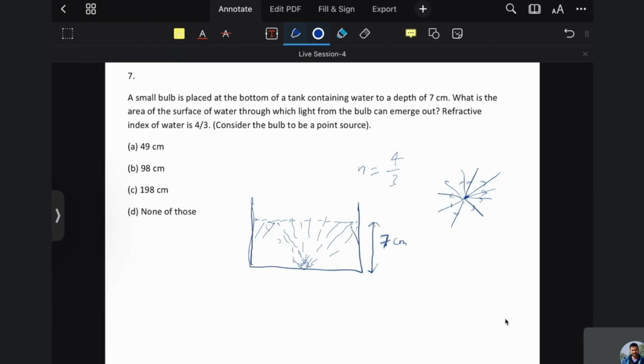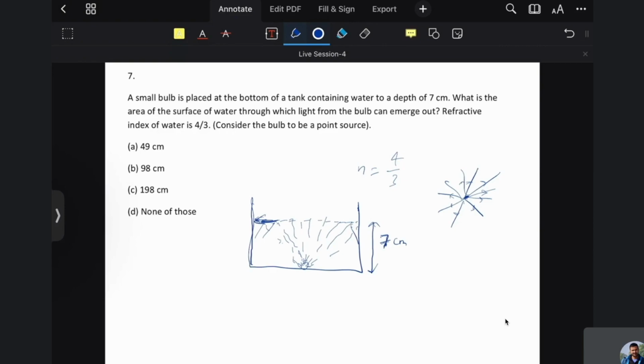So the surface area through which we can see the light, that we have to calculate. Before they get totally internally reflected, there will be some critical angle at which they will just glance the surface.